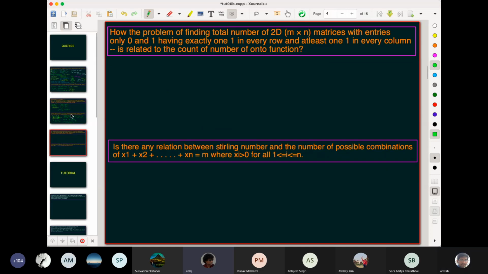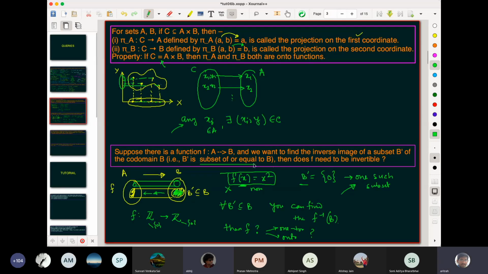Actually, this question is not very clear to me. Exactly, I'm also not very clear. I just gave some of the alternatives. F inverse of B prime is defined as a subset of A. It may be empty as well. Exactly. So, what is the query really? No question of invertibility or onto-ness.